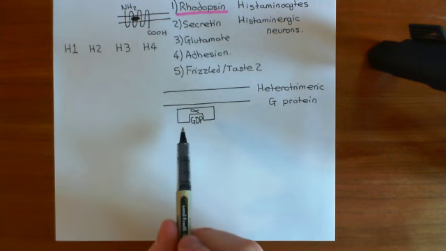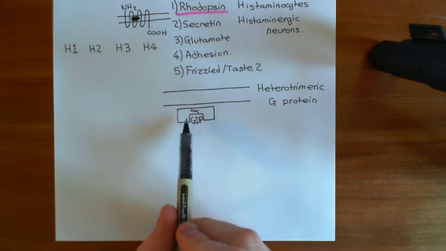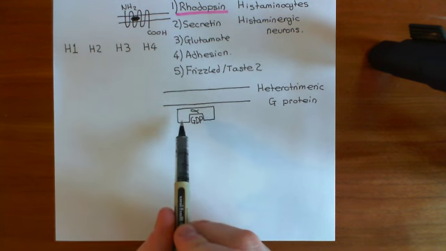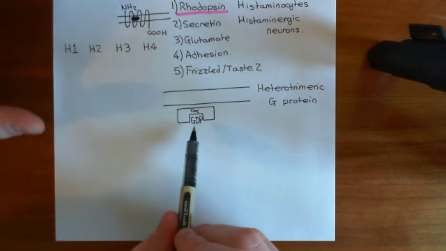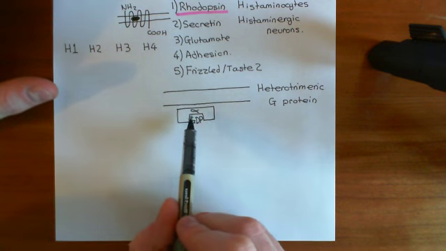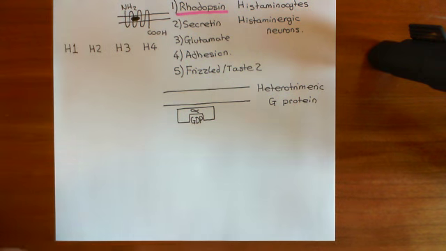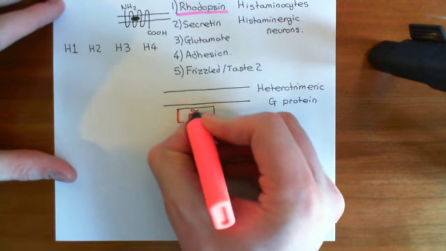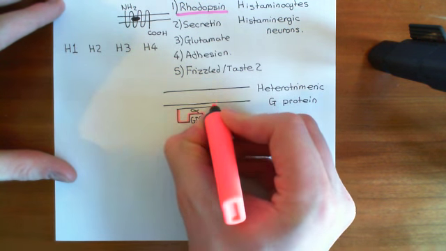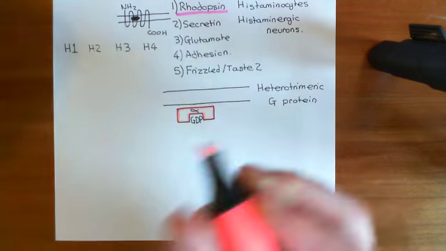In the off state, you have GDP bound, and in the on state, you have GTP bound. At the moment, it's got GDP bound to it, so it's in the off state. Let's colour in this alpha subunit in red here. So here's the alpha subunit of our heterotrimeric G protein.